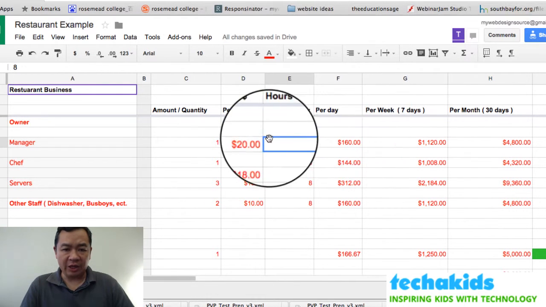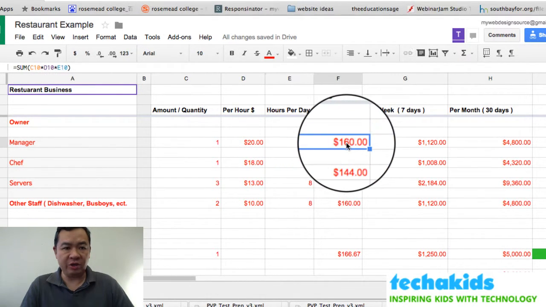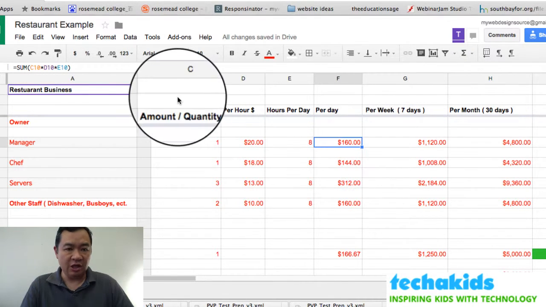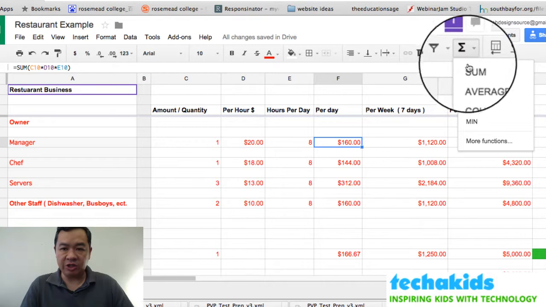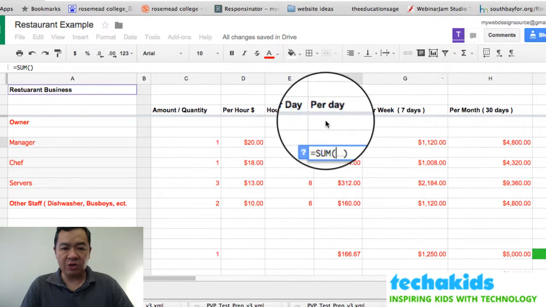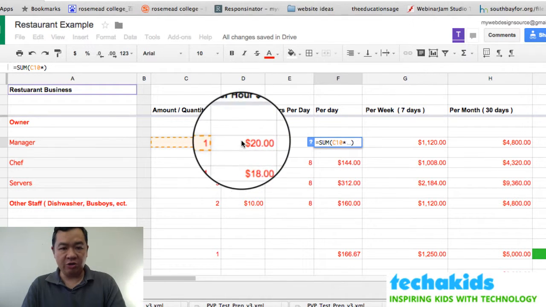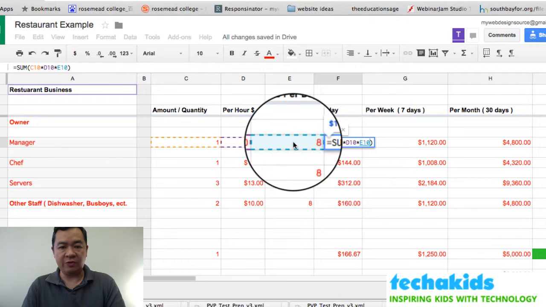So I'd like to show you this calculation right here. This is how I calculated it. You go to the summation, get the amount, and then the multiplication symbol, which is shift 8 or star, then go to the per hour, and also multiply that by how many hours a day.